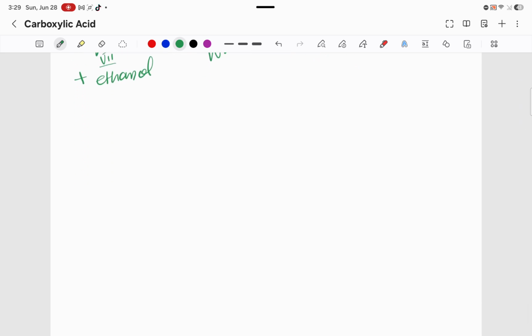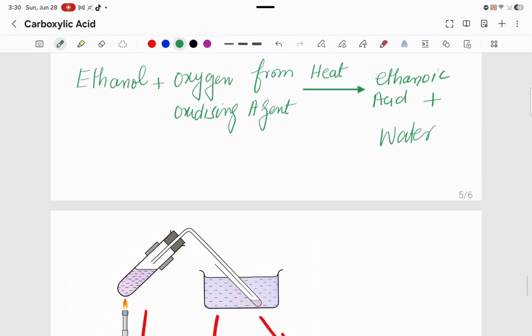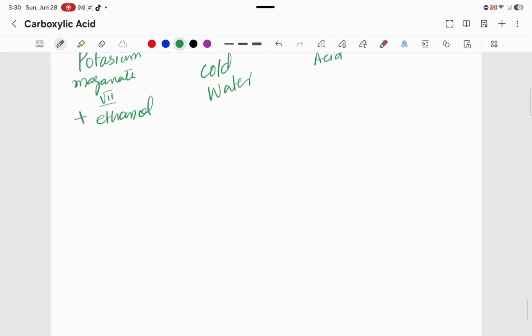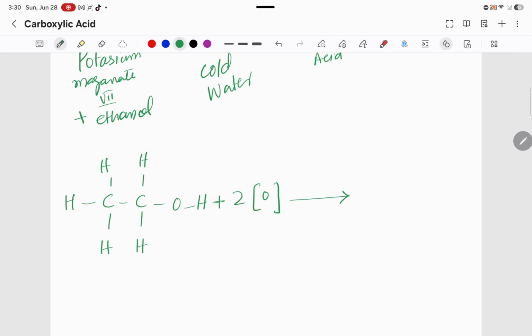Now look at the balanced chemical equation. In the word equation you can see I took ethanol, so I'm going to take ethanol here. Ethanol is 2 carbon and 1 alcoholic functional group. Let me complete all the hydrogen attached with these carbon, and this is the oxygen from the oxidizing agent.